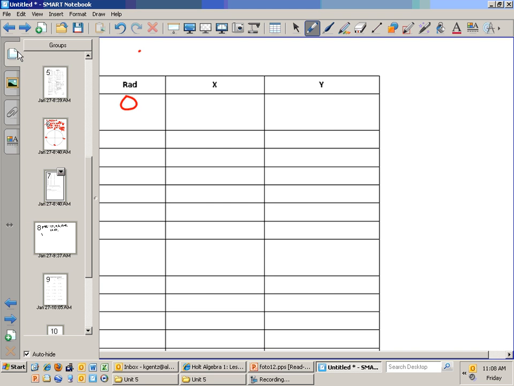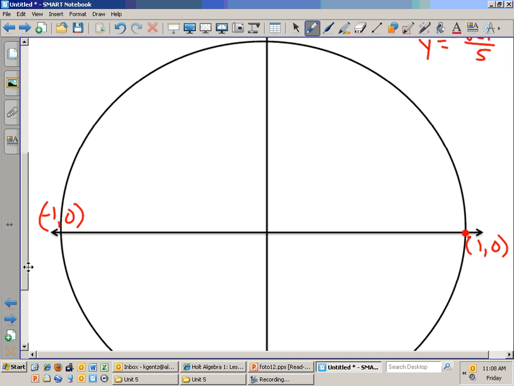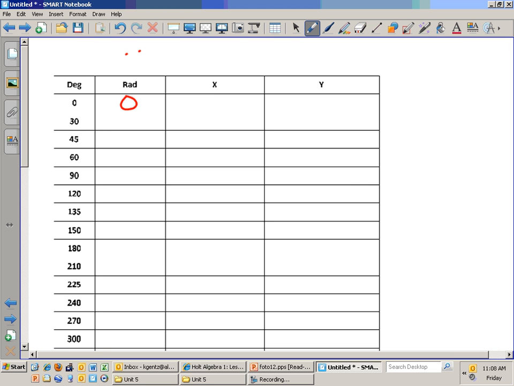And if I have an angle of 0 degrees, which would be just like this, what coordinate does it go through on the unit circle? 1, 0. So my x value is 1, my y value is 0.